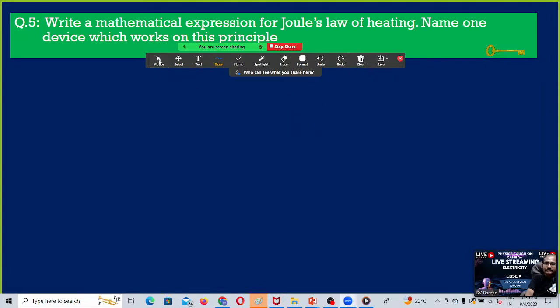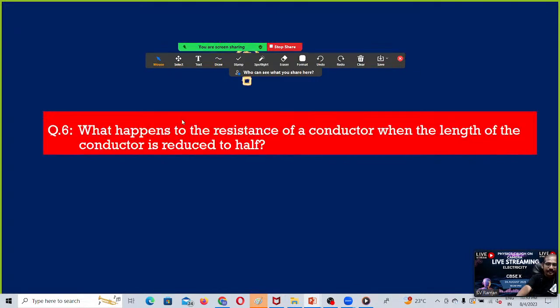Next. What happens to the resistance of a conductor when the length of the conductor is reduced to half?